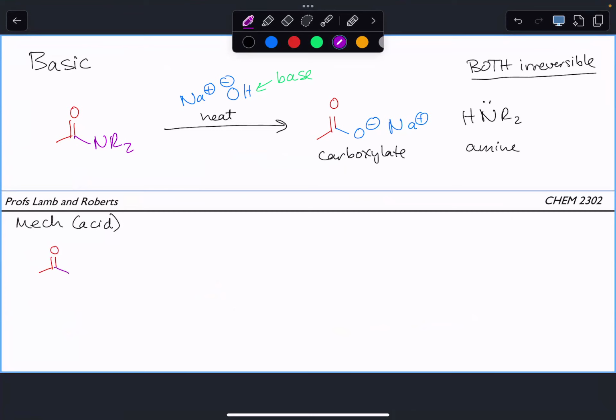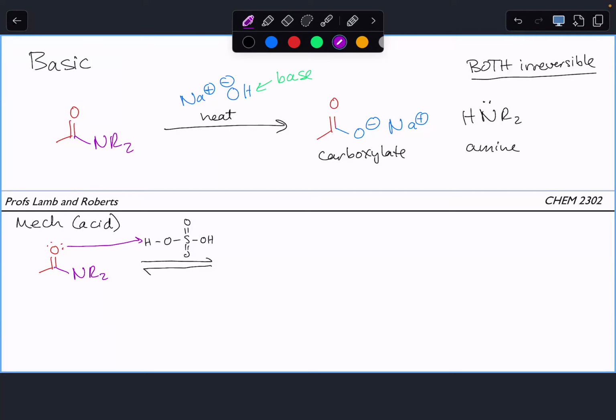So again, it's not different. We're still talking about a nucleophilic acyl substitution, but we're under acidic conditions, so we're trying to avoid negative charges when possible. So that means we cannot do our addition step right away. We have to activate our carbonyl, or activate our electrophile, to make a stronger electrophile first. So this is where our acid catalyst comes in. Remember, the most basic site is the carbonyl lone pair.